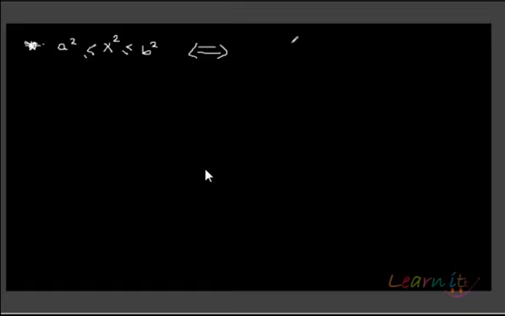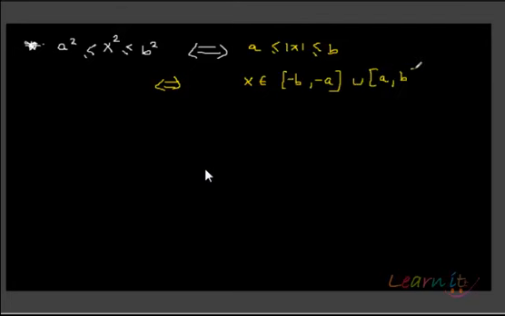Then taking square root everywhere, mod x is between a and b. So what will that mean? That is equivalent to saying that x belongs to minus b, minus a union a, b.